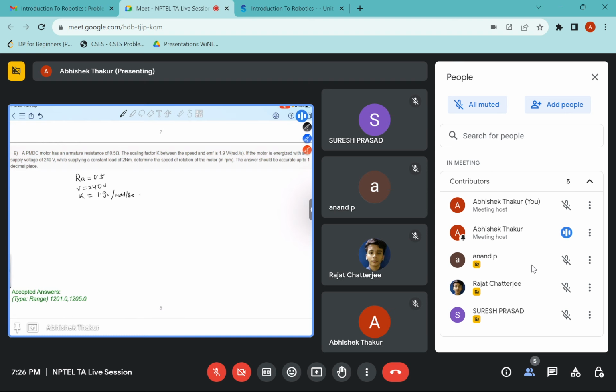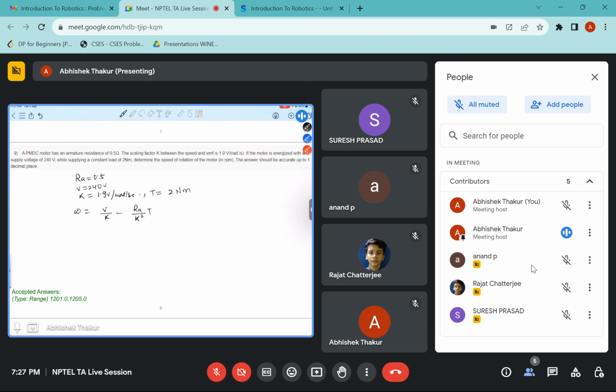So we know that the formula of rotation per minute, that is omega, is given as V by K minus RA by K square into T. Here in this question, all these parameters are given and torque is also given as 2 Newton meter.